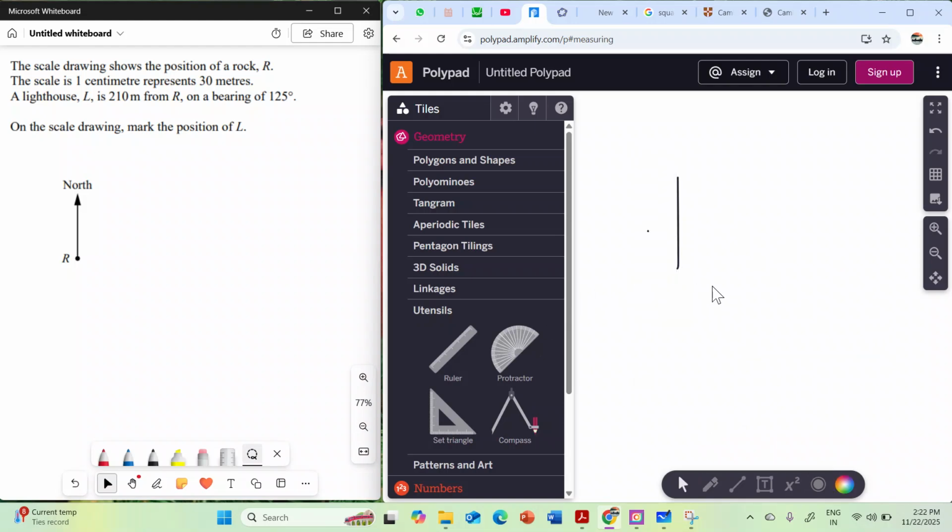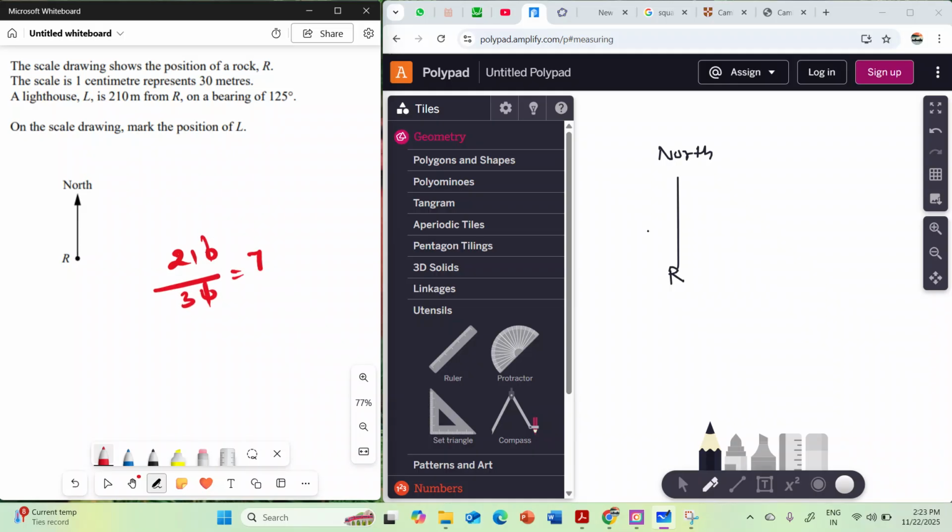So this is the line. Here I will write, this is my R and this is the north, and here we have to check the scale factor. So here this is 210 divided by 30.